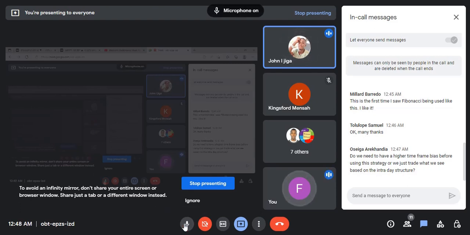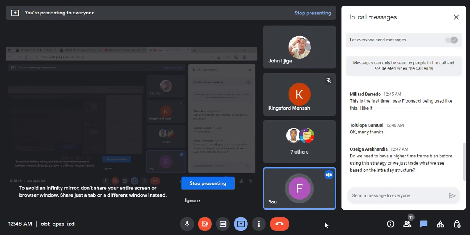Excuse me, Jay. Sika, we really don't have to do that. We can just use that as an extra confluence, like higher time frame. If you think what you are predicting on the higher time frame is really accurate, if you think what you are analyzing on the higher time frame is good, then you can definitely use that as a confluence.